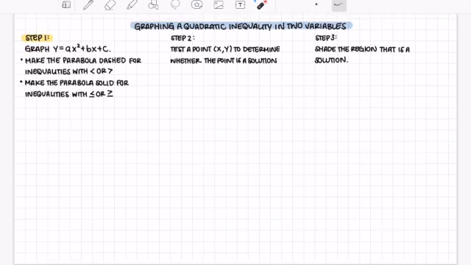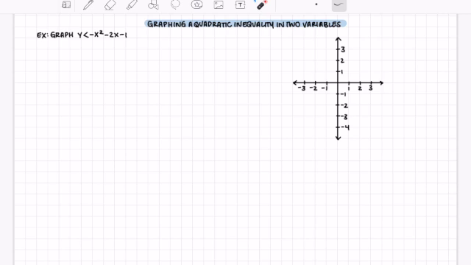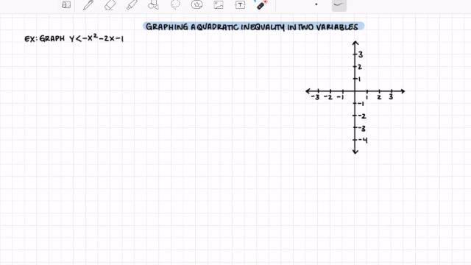Okay, so let's check out a problem. Right here, it's asking us to graph the quadratic inequality with two variables. We have here graphing out y is less than negative x to the power 2 minus 2x minus 1.